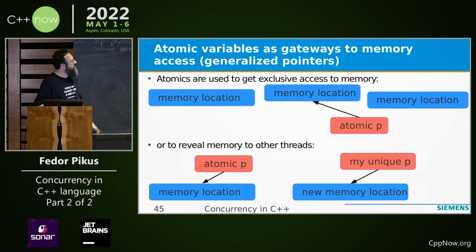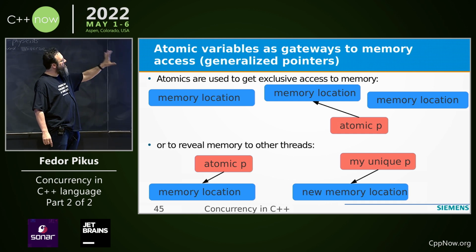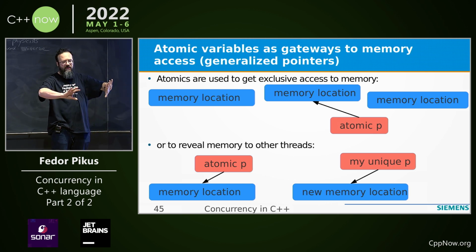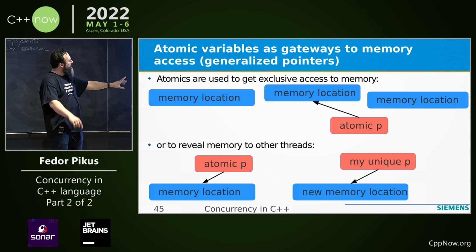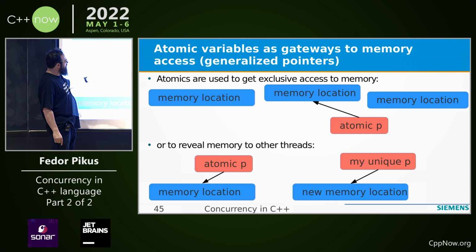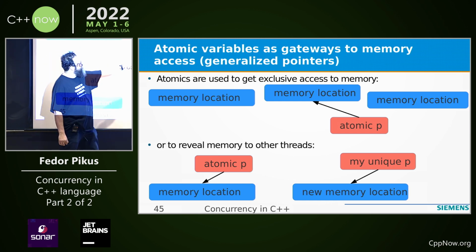So here is a much more generic version of it. This is a very common thing. It's called a publishing protocol. I have an atomic pointer to a memory location. I want to publish a new piece of data in a concurrent system to everybody. What I do is, first I prepare the data, but I don't publish my value yet. I don't update this pointer.